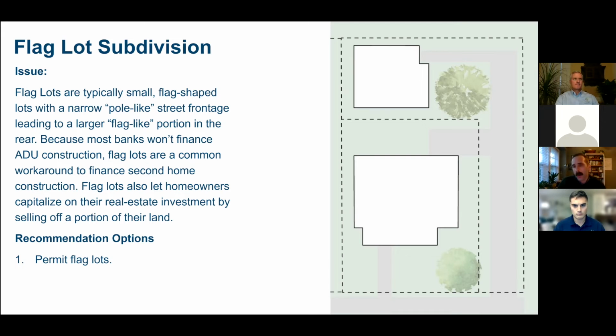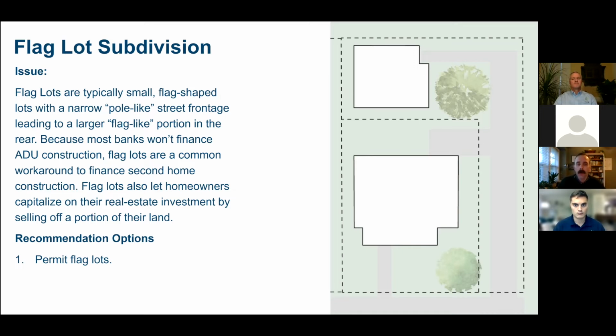The pole can provide a shared driveway across the original lot and the new flag lot. One of the reasons why this text change proposes to permit flag lots in Raleigh is because most banks, lending institutions won't provide traditional loans to build an accessory dwelling unit.